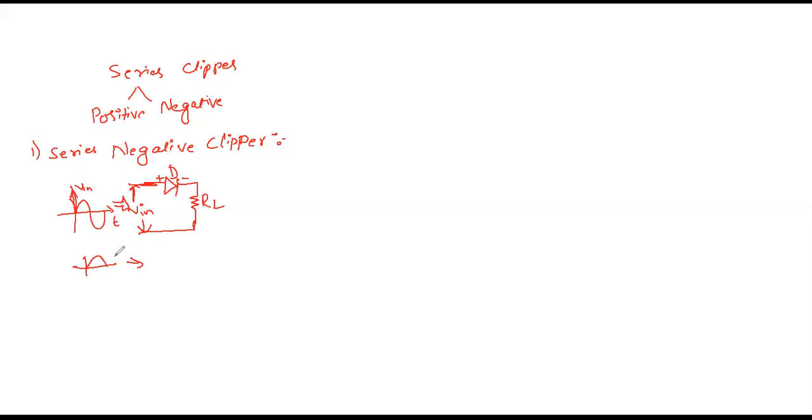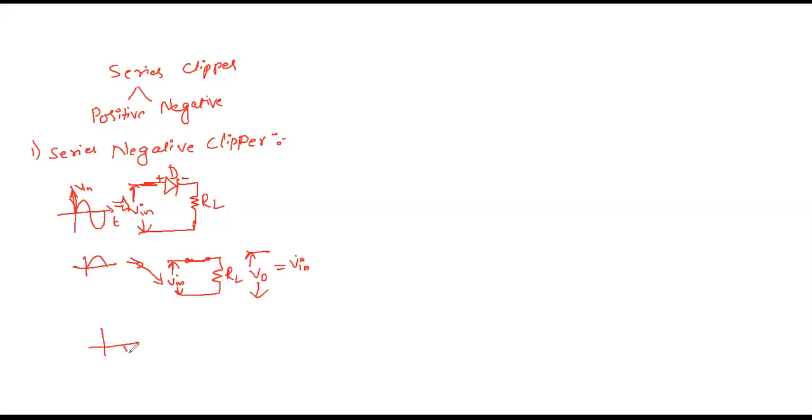The positive terminal of the diode is connected to the positive voltage, so the diode will act as a short circuit. So all the input voltage will appear across the output load resistance. The output equals V input.